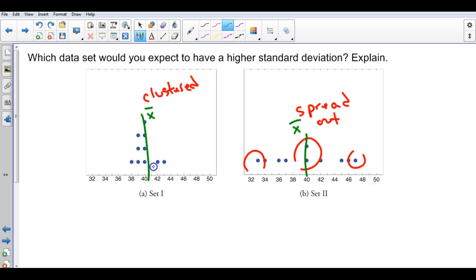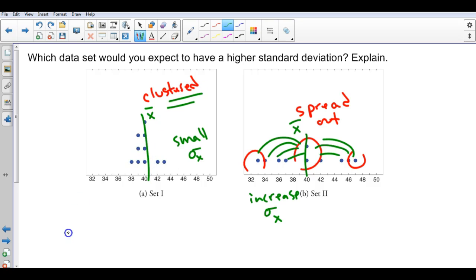So since your data is clustered, you would have a small standard deviation. Over here, 33 is a lot farther away from my mean. 47 is very far away from my mean. So what these numbers are going to do is increase your standard deviation, which means that the distance these numbers are from your mean is a lot greater than the ones in the first data set.